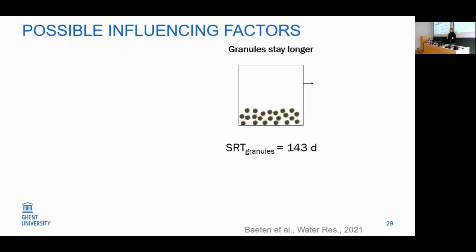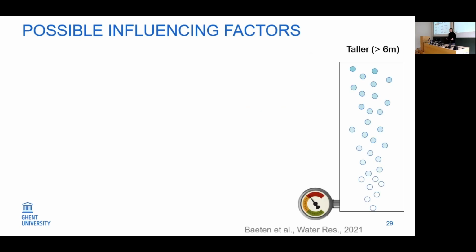Third, granules stay relatively long in an aerobic granular sludge reactor compared to the residence time of flocs in an activated sludge reactor. If they stay longer, you may think there is more time for methane oxidation. And last, the aerobic granular sludge reactors are typically tall reactors.